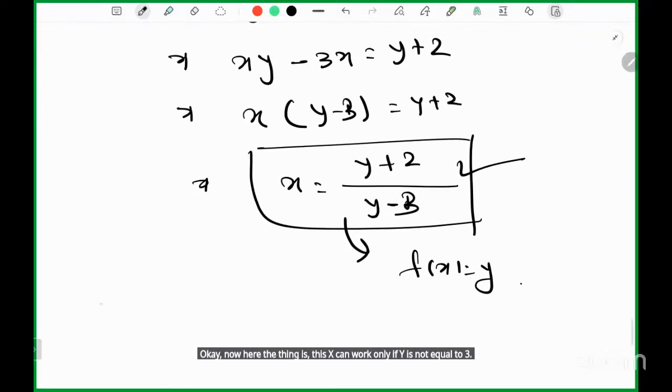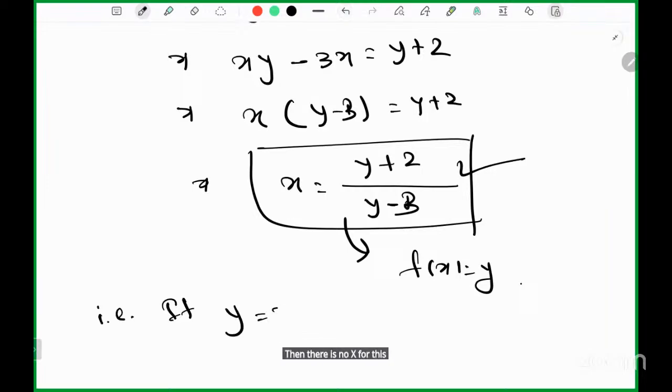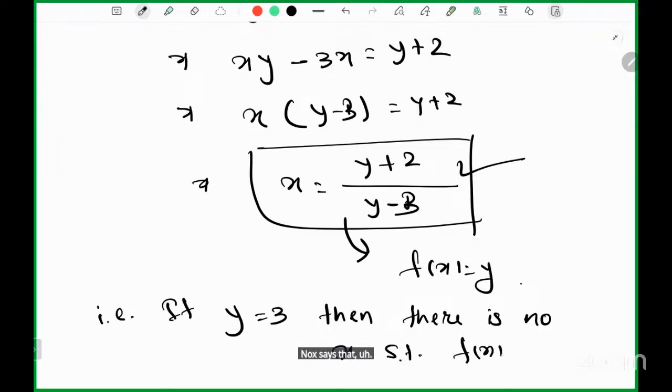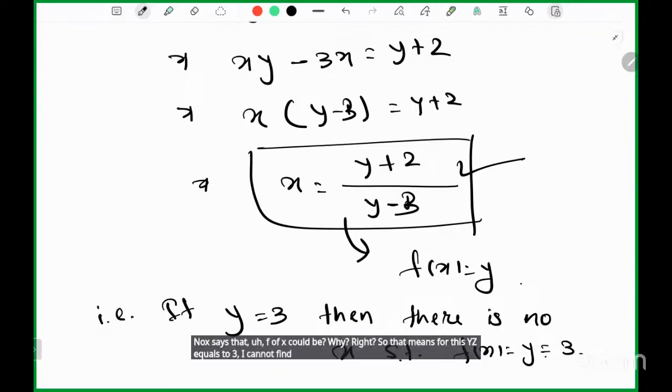So if you take y equal to 3, then there is no x for this y, no x such that f of x could be y. For y equal to 3, I cannot find an x for which f of x is equal to y.